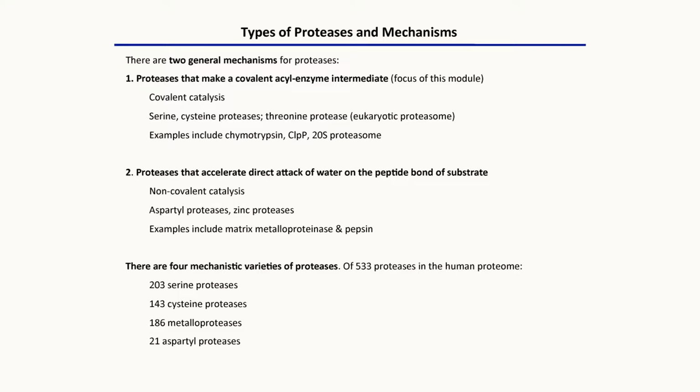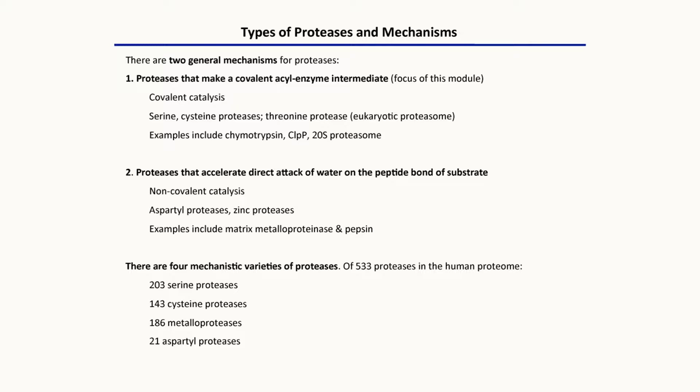So there's formation of a covalent acyl enzyme intermediate. And this is what we'll see for serine proteases, cysteine proteases, and threonine proteases. Examples here are quite relevant to this module, as ClpP is a serine protease. And as you'll see later on, the eukaryotic proteasome is an N-terminal threonine protease.